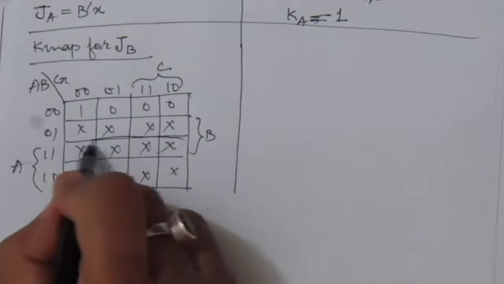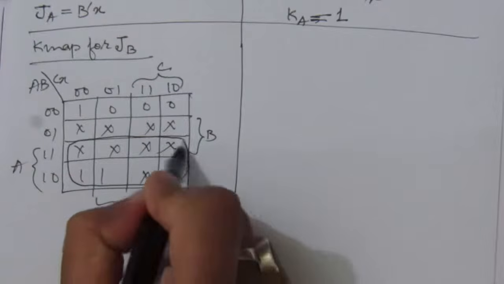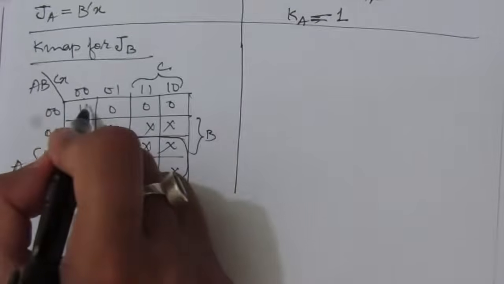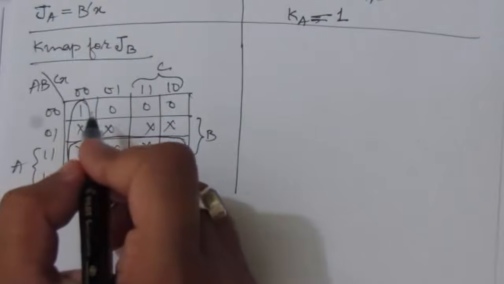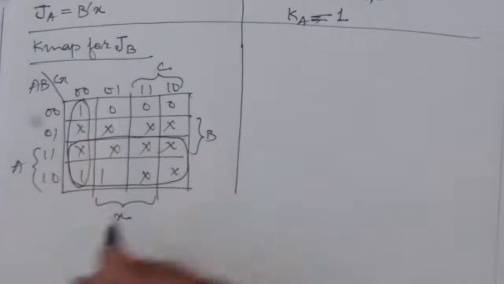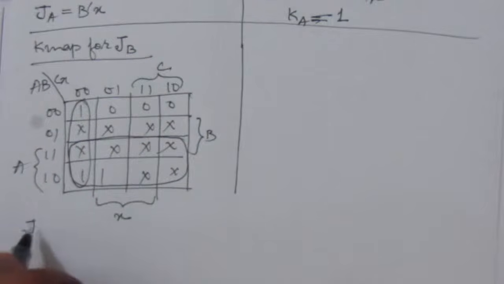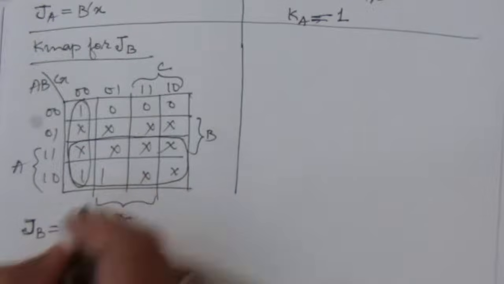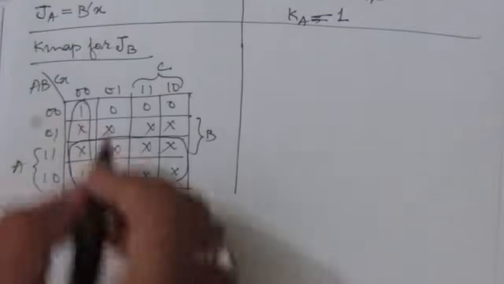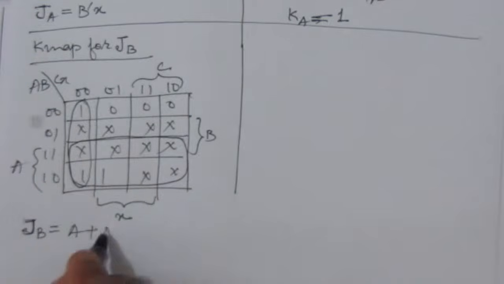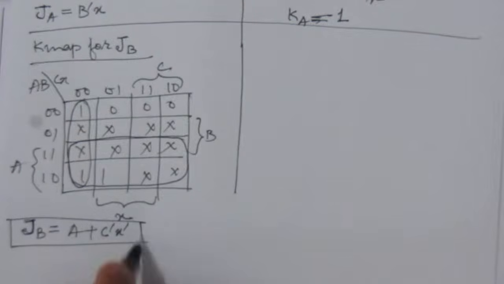So this will be one term, and this will be the second term for this one. So JB is equal to, this term is A plus, from this term we'll have C bar X bar, because this 0 0 will have C bar X bar. Okay, so this is the expression for JB.